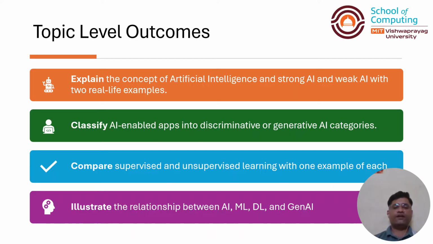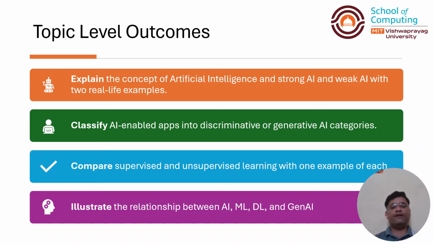Before proceeding further, we'll try to understand what are the topic level outcomes. At the end of this session, you will be able to explain the concept of artificial intelligence, what strong AI and weak AI mean. In addition to this, you will be able to classify AI enabled apps into discriminative and generative AI categories.